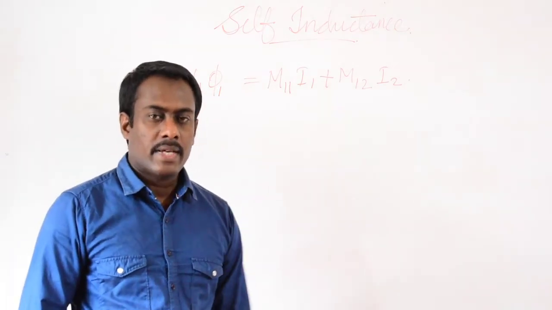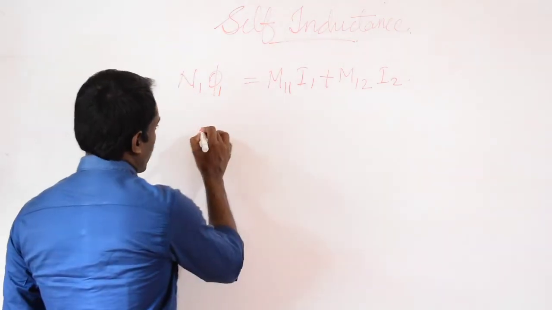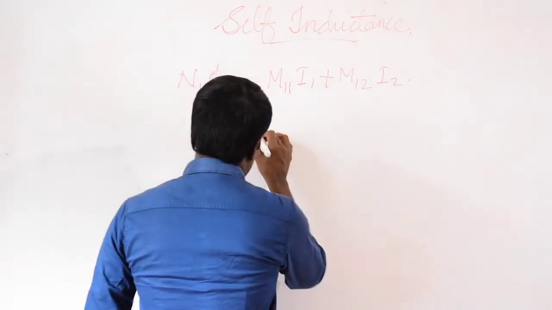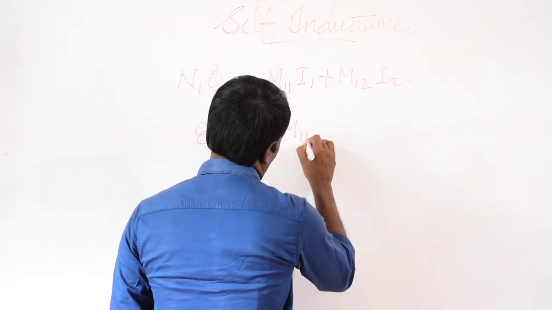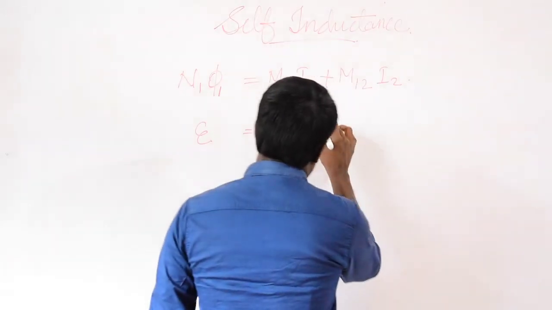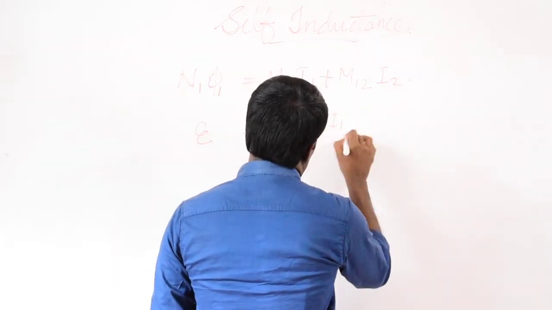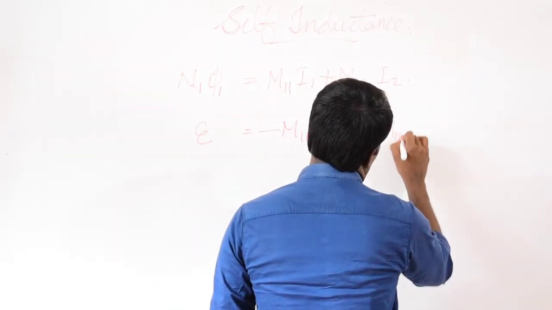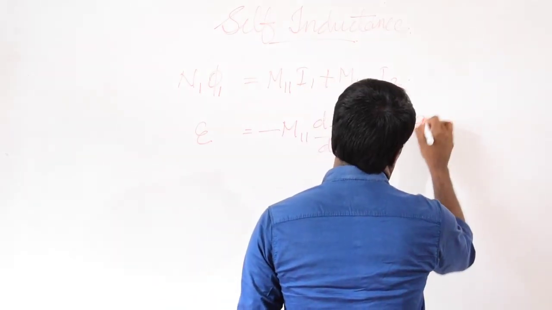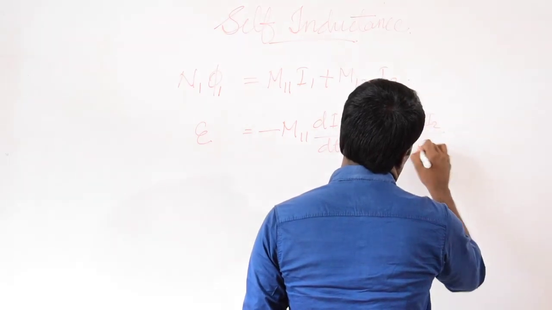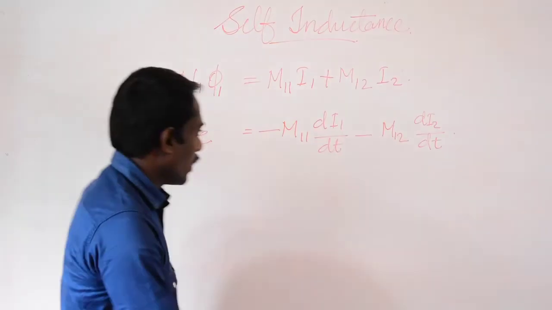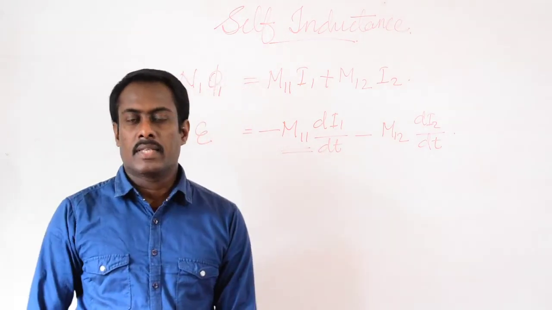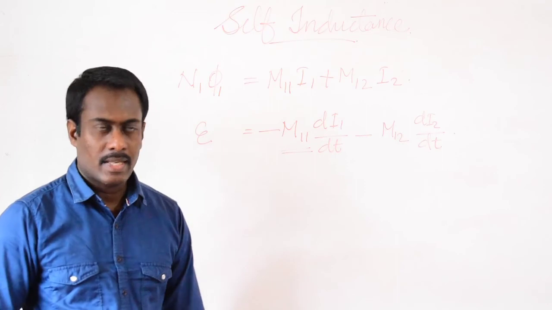Therefore, using Faraday's law, the induced EMF can be written as minus M11 di1 divided by dt plus M12 into di2 divided by dt. Here M11 is the self-inductance of the coil and is written as L1.